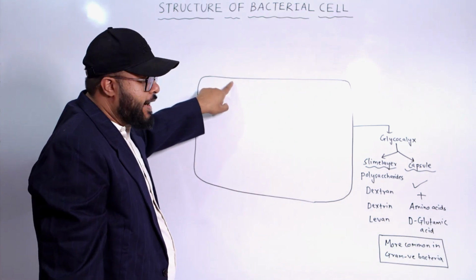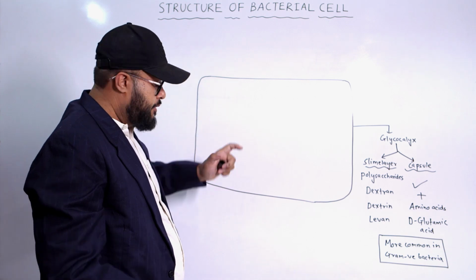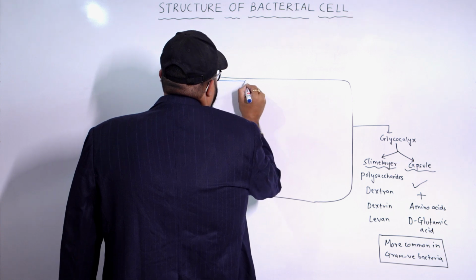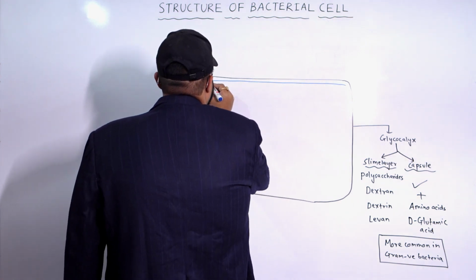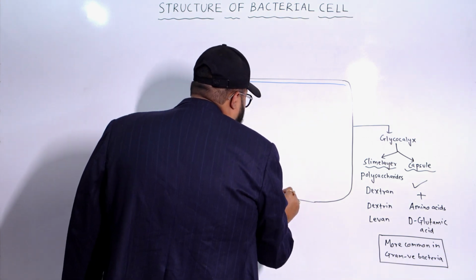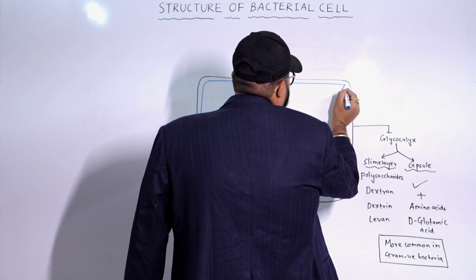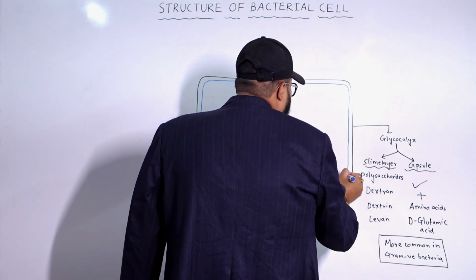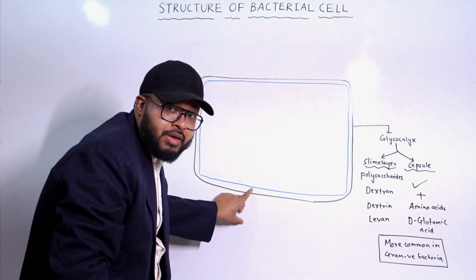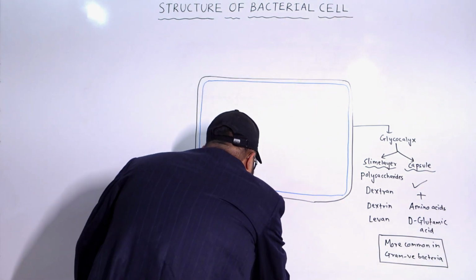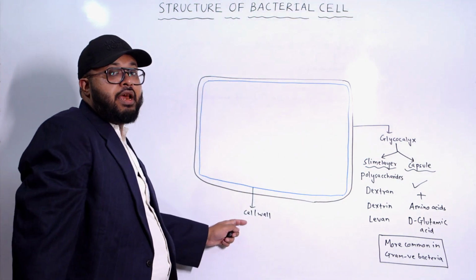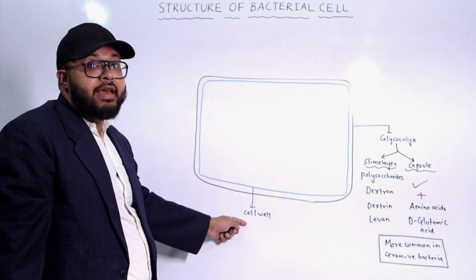Just beneath the glycocalyx, cell wall is present. Now I am forming the cell wall. So this is the cell wall. The cell wall in bacteria is made up of peptidoglycan.